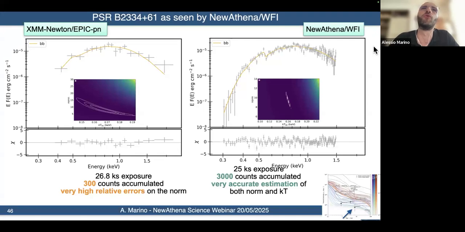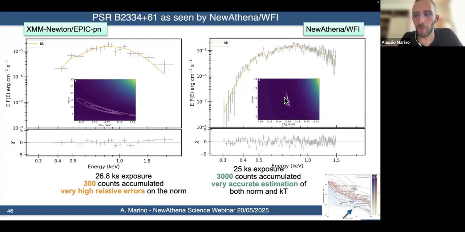Not enough even to use the chi-squared as statistics. While for the same exposure with the WFI on board NewAthena, we will be able to accumulate 10 times more counts and have very accurate estimates of the norm and the temperature of this black body emission.